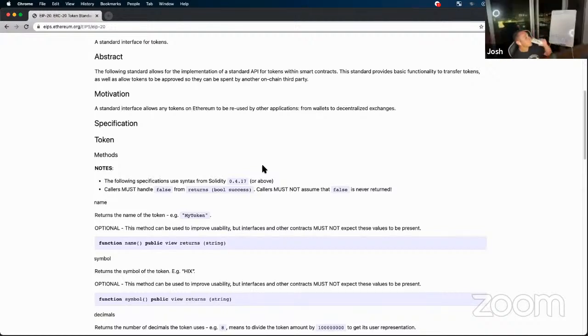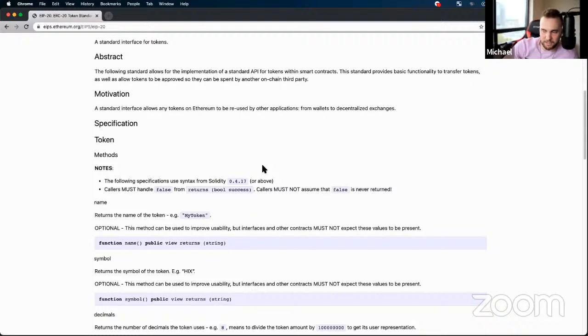So basically, Ethereum is a decentralized development platform which lets you write programs and software that run on a blockchain in a decentralized way. And those programs come in the form of a smart contract.